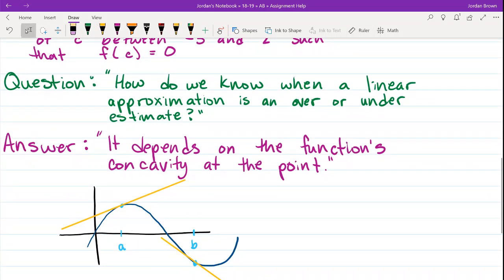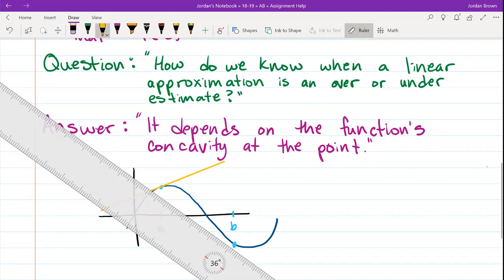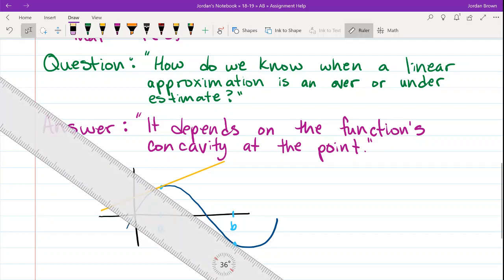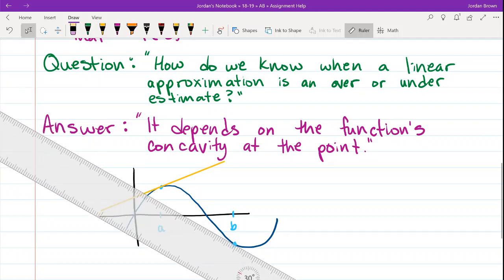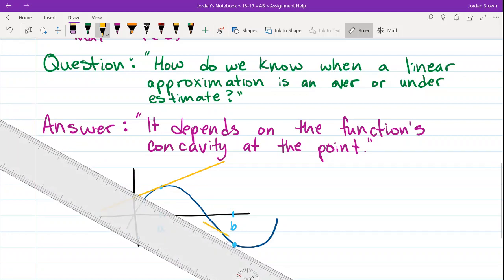Okay, I'm actually going to redraw that because I think I can do better. That is not at all better. Again, not at all better.